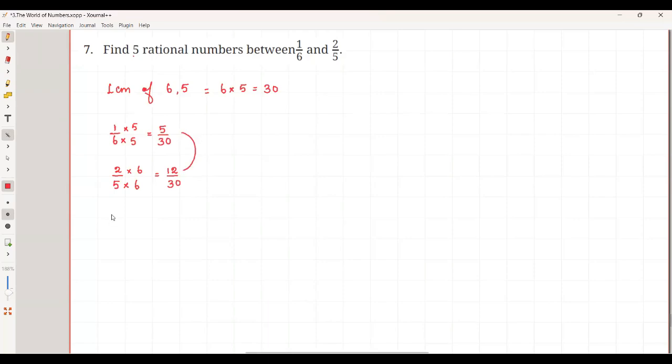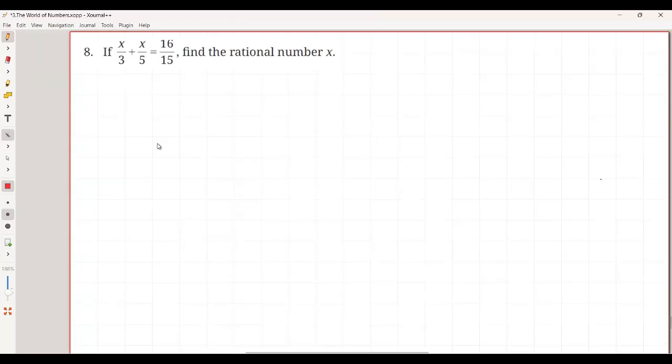Therefore, the 5 rational numbers are 6 by 30, 7 by 30, 8 by 30, 9 by 30, 10 by 30. So we got 5 rational numbers.